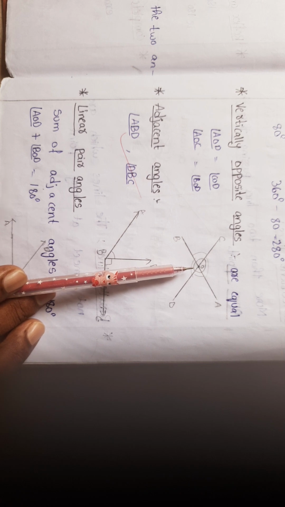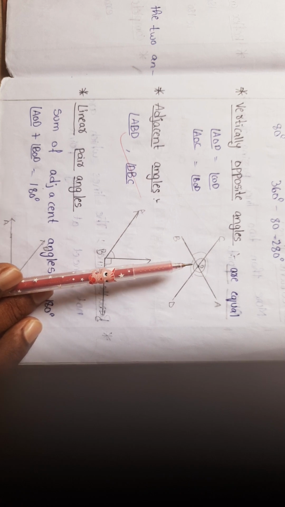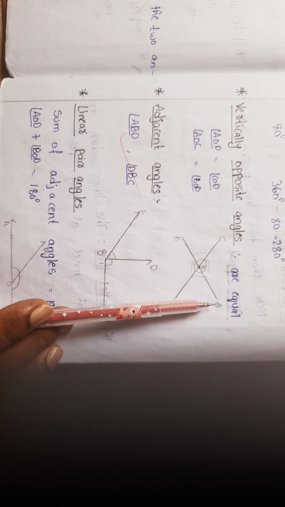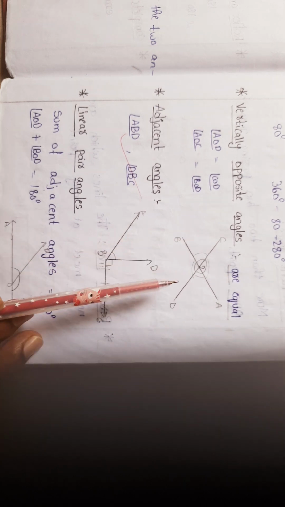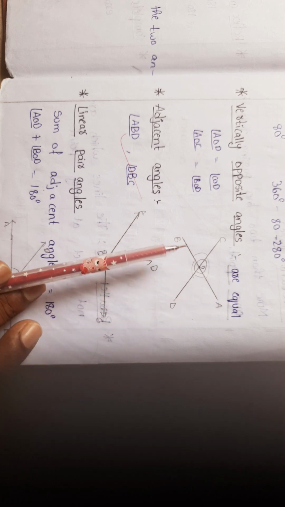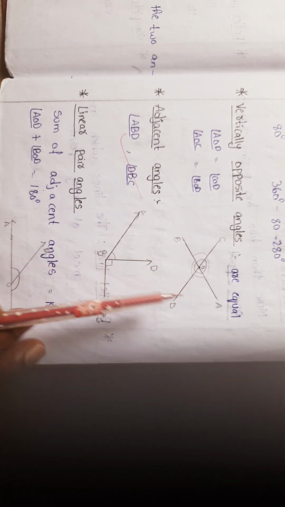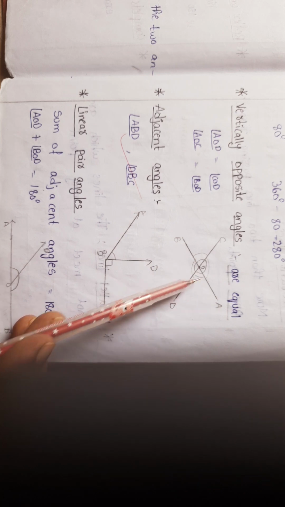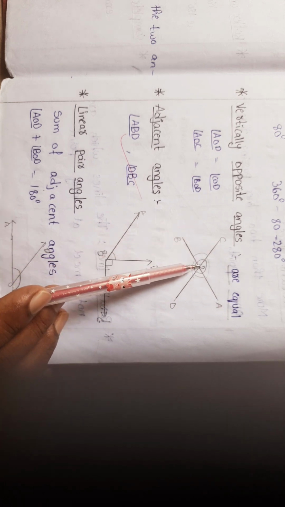This is a very important concept while doing the sums. See, here I am giving the names A, B, C, D. Here I am showing the lines with a red pen. Angle AOD is equal to angle COB.